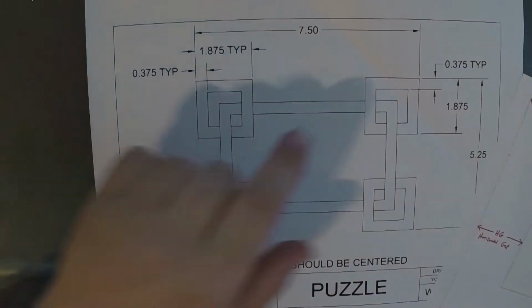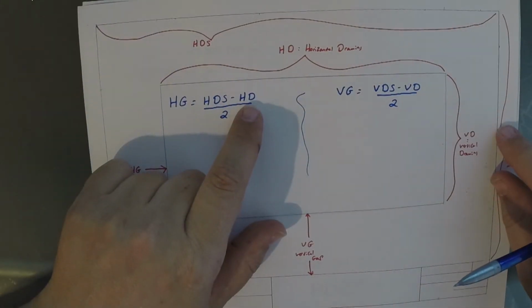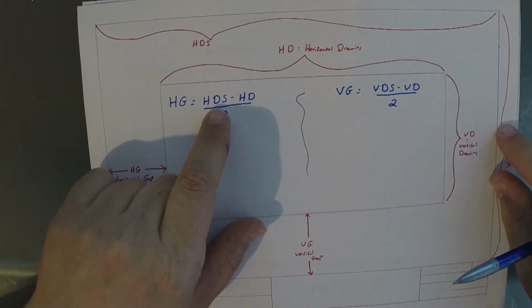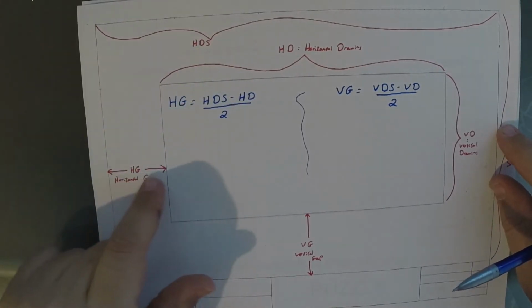So if we look at the puzzle, we can see that it is 7.5 inches long. So HD is going to be 7.5, and as we mentioned, HDS is going to be 10. So we can solve for this distance.